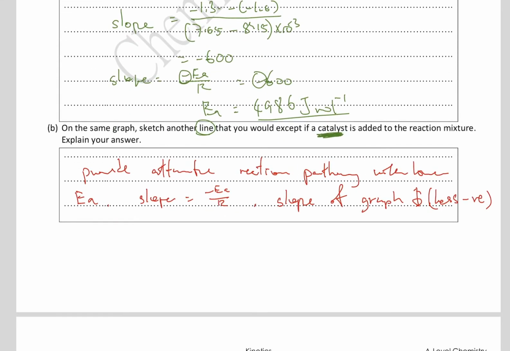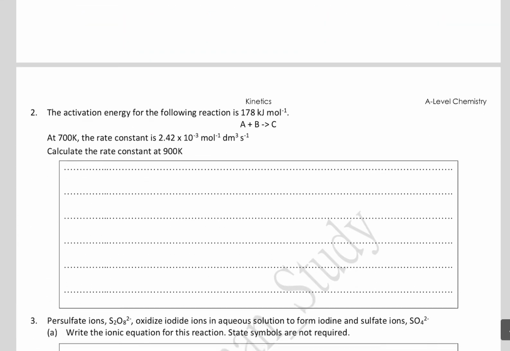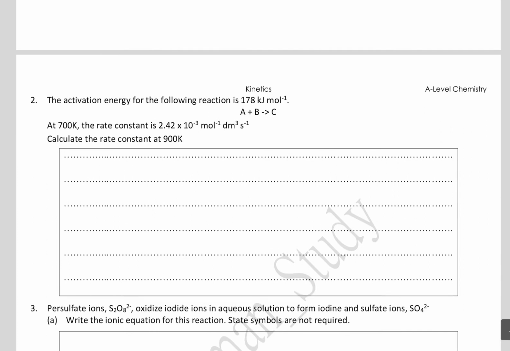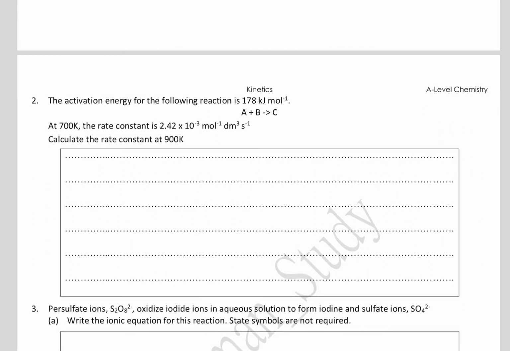Other than graphical calculation, another type of case will be here, where you can see there is no graph, and they just tell you some numbers. So here it will be just an algebra calculation. Based on the numbers they tell you, you have two different temperatures. And if you have two different temperatures, then you already have two different 1 over T. That means you are setting up two different equations.